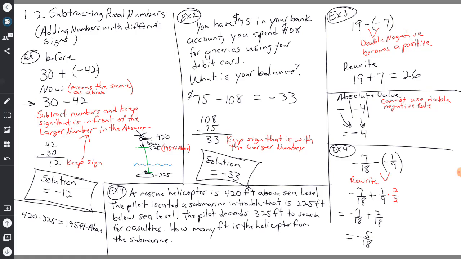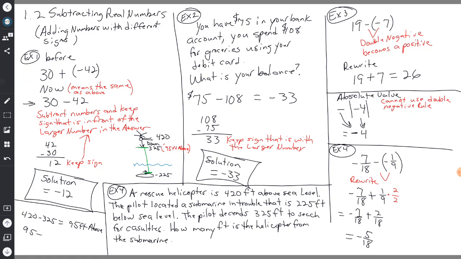420 minus 325 is 95. So say it again, how would we write it up? 95 minus 225, but this is a negative 225.